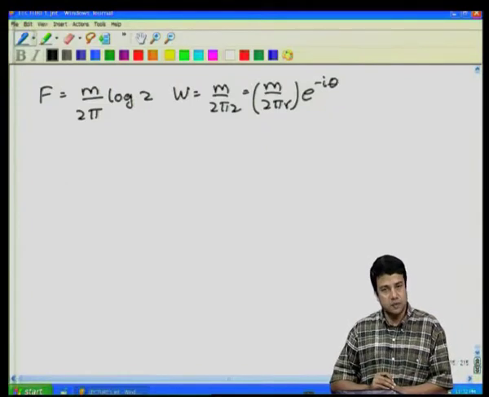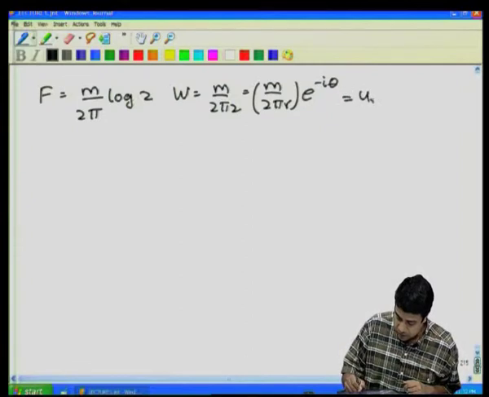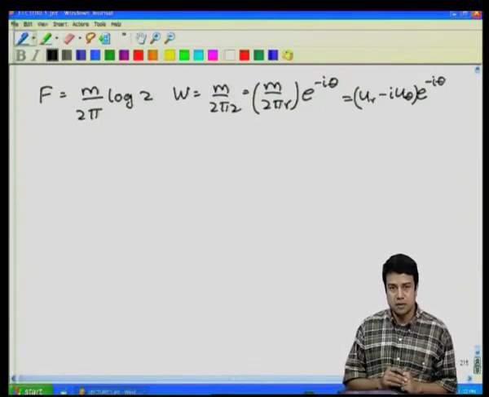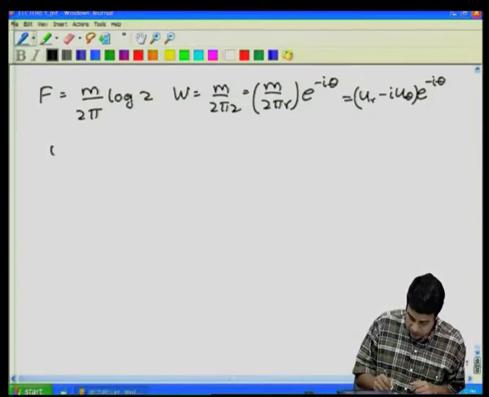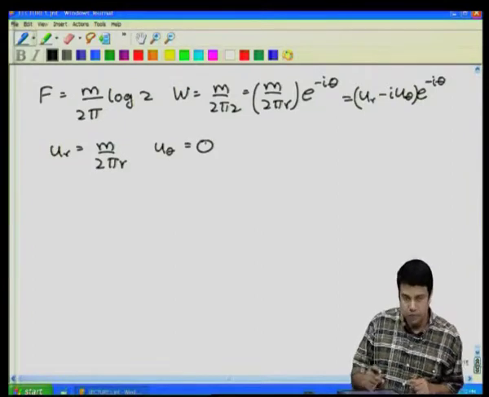So, that is the complex velocity. We know that this has to be equal to u r minus i u theta, times e power minus i theta. So, therefore, we find that u r is equal to m by 2 pi r, and u theta is equal to 0.